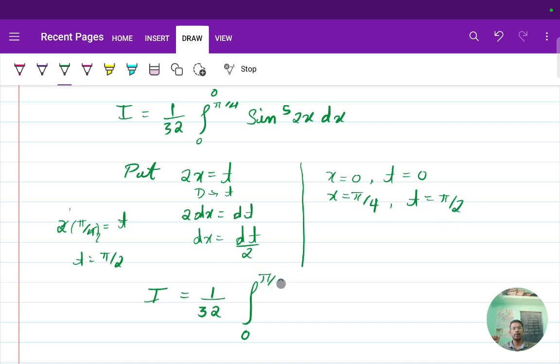Let us write here pi by 2. Then sine power 5, here what is 2x? 2x is t, so let us substitute here t. And what is dx? dx is dt by 2, right?